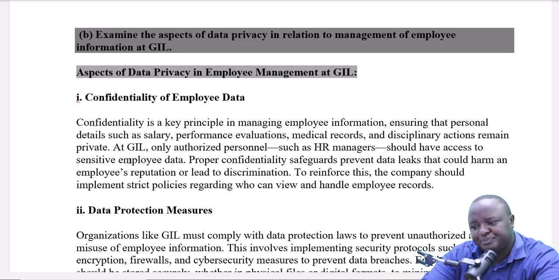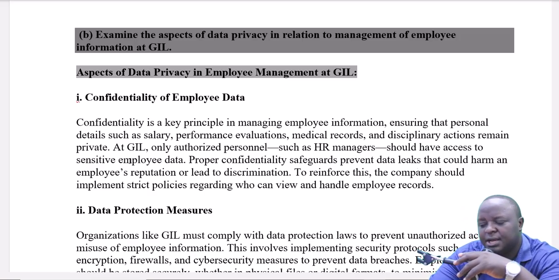At GIL, only authorized personnel such as the HR manager should have access to sensitive employee data. So proper confidentiality safeguards prevent data leaks that could harm the employee's reputation or lead to discrimination. To reinforce this, the company should implement strict policies regarding who can view and handle the employee records.